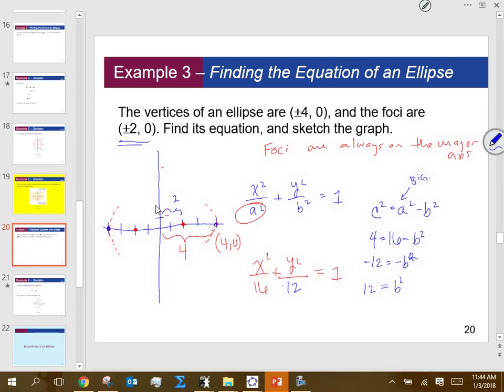So I'd go 1, 2, 3.46, and then 1, 2, 3.46 in that direction. So now I've got those points to help me finish off that ellipse.